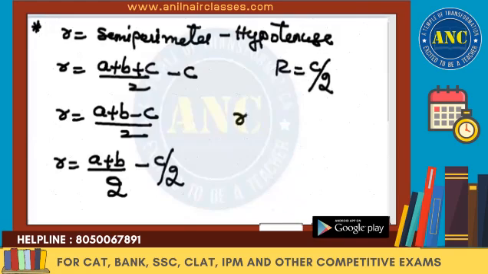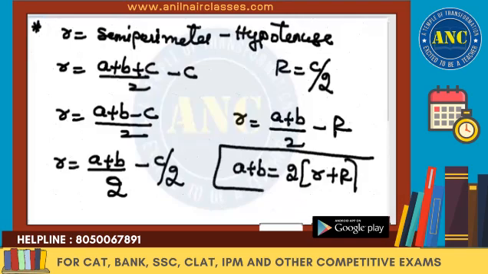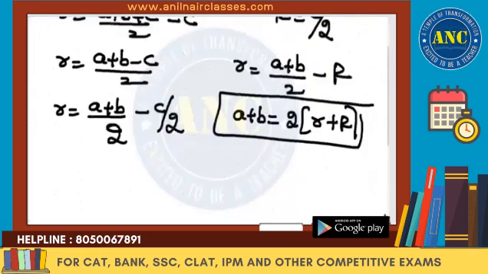Circumradius is c by 2. So r is a plus b by 2 minus R. So a plus b is nothing but 2 into r plus R. Very, very important property. Please write down: a plus b is 2 into r plus R.